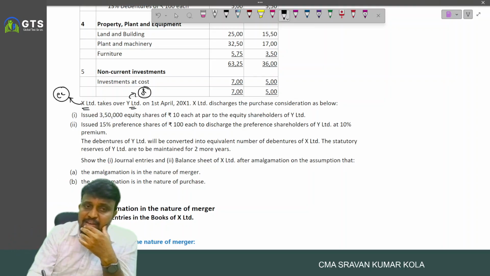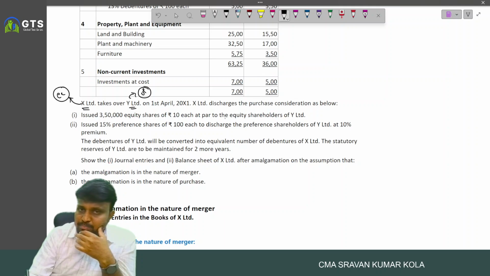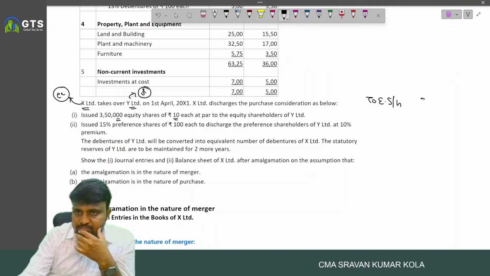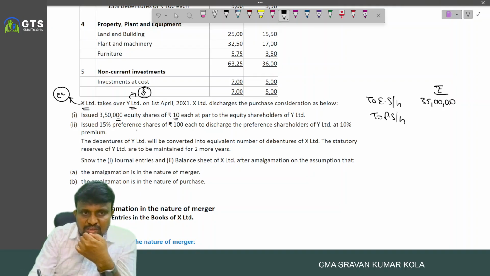So issued 3,50,000 equity shares of 10 each at par to the equity shareholders. So 3,50,000 into 10 is 35 lakhs. And to the preference shareholders, to discharge preference shareholders at 10% premium.